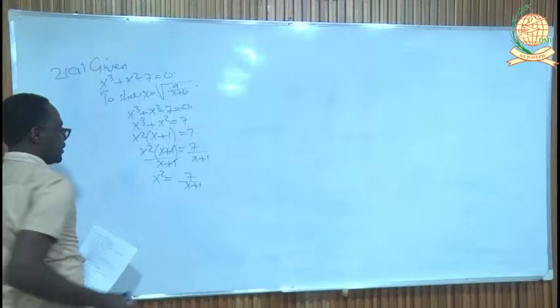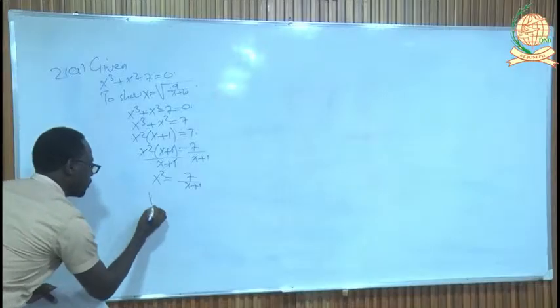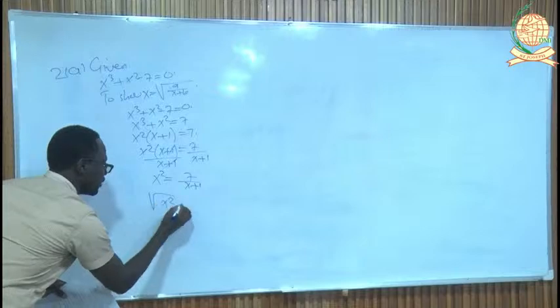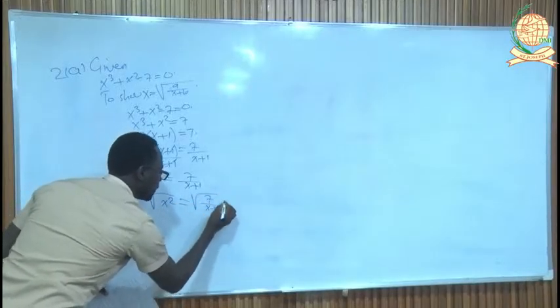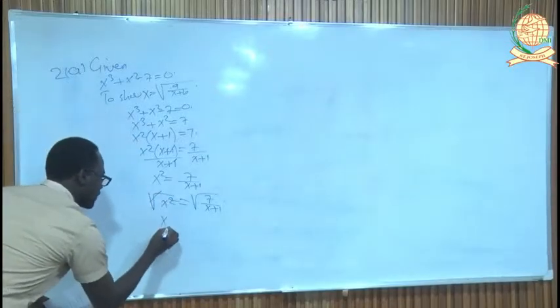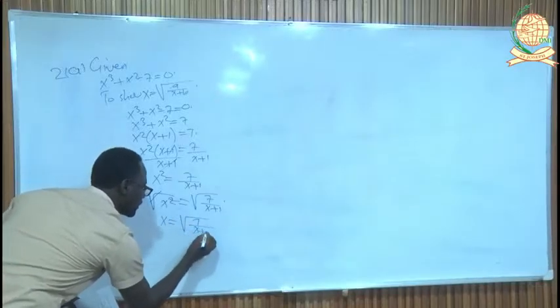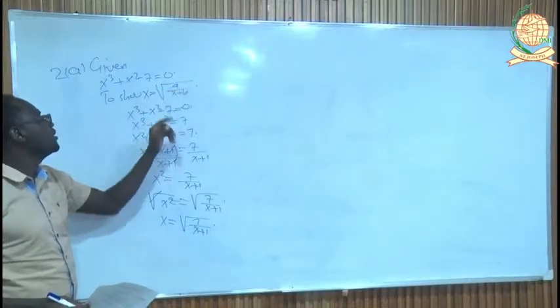If we square root both sides, we are going to have x equals the root of 7 over x plus 1. The square and the root will cancel. Then x equals under root of 7 over x plus 1, which is the form of x equals under root of a over x plus b.